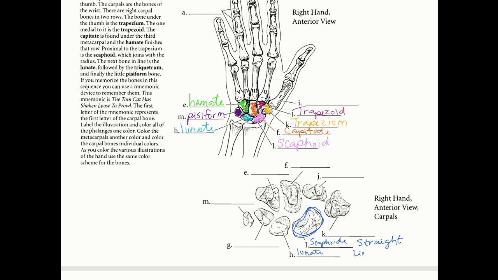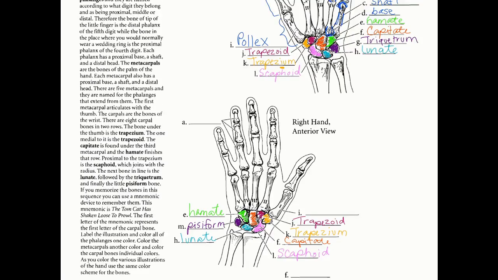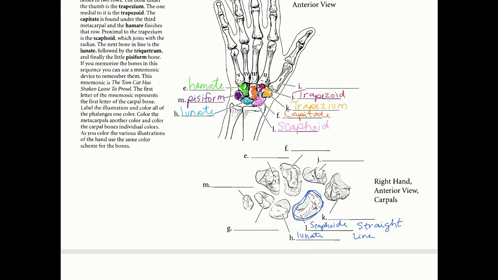And in our little saying, that's going to stand for line. We've got the triquetrum, which is going to stand for to. And we have the pisiform, which is going to stand for pinky, which conveniently it's on the pinky side.